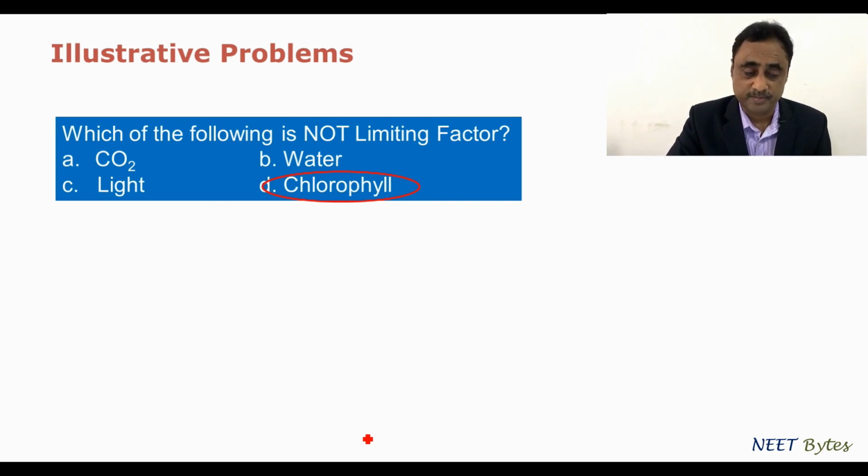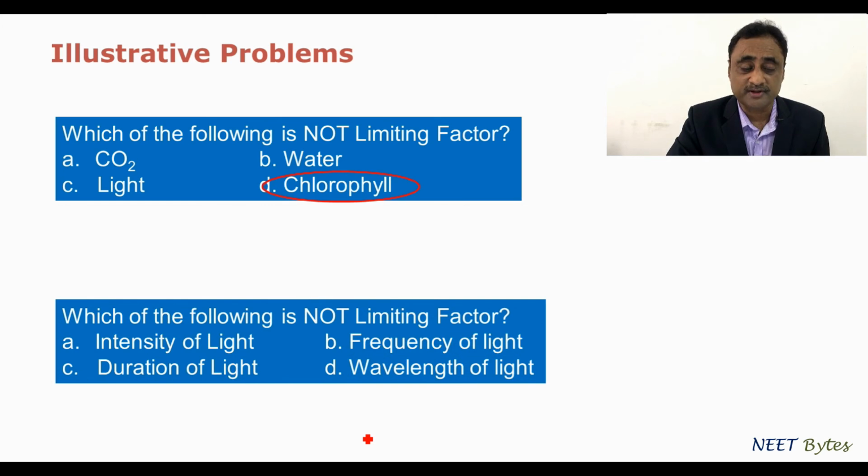Now one more question. Which of the following is not a limiting factor? Intensity of light, frequency of light, duration of light, wavelength of light. Mind it. In this question, we have to think about what is going to influence the photosynthetic yield and which of the given options is not going to influence the photosynthetic yield.